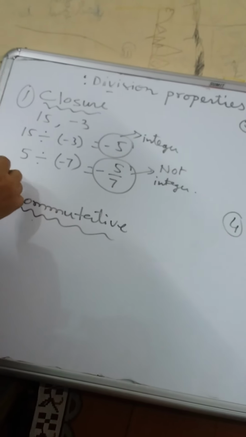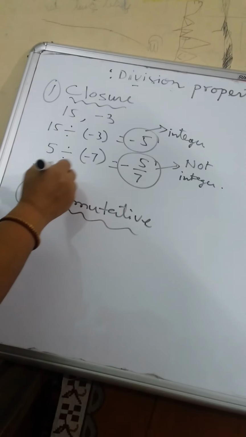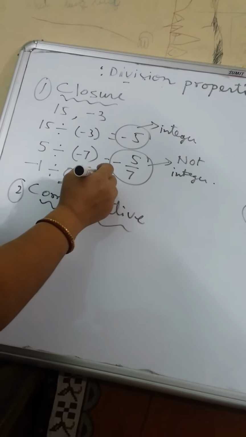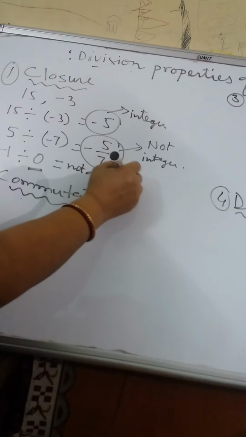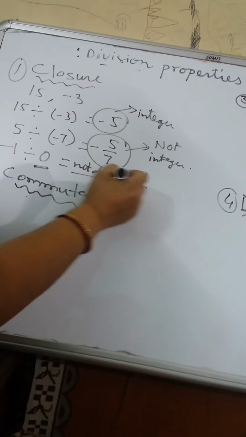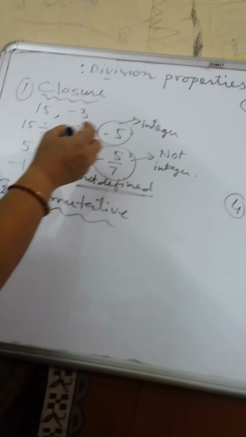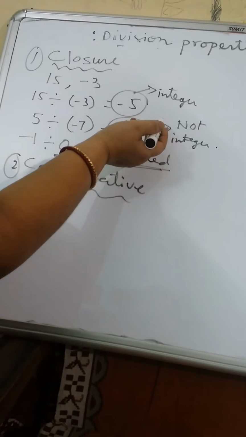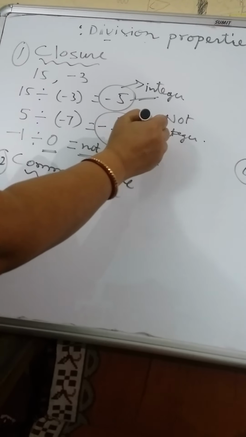Now if I divide -1 by 0, anything divided by 0 is not defined, which means it doesn't come under integers. So you can see that if we divide two integers, the result may or may not be an integer.